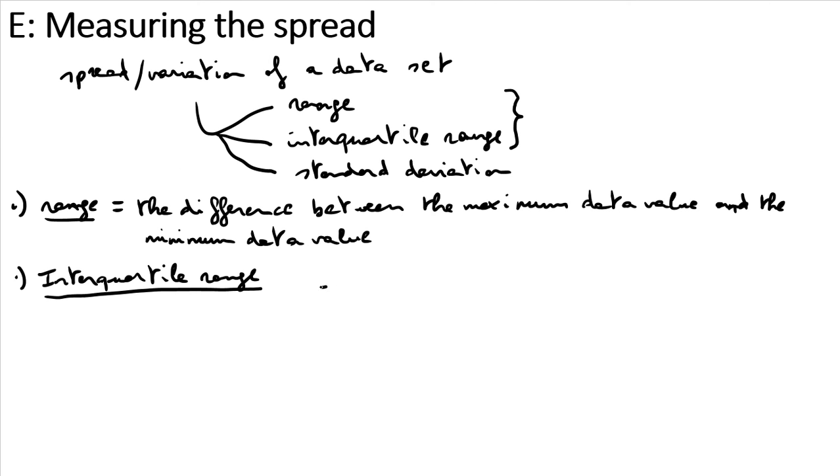So let's say that we have it here. We order it from low to high. So here we have the minimum and here we have the maximum. The median will divide the ordered data in halves. So let's say that's somewhere here and we call that Q2. So that is the median.